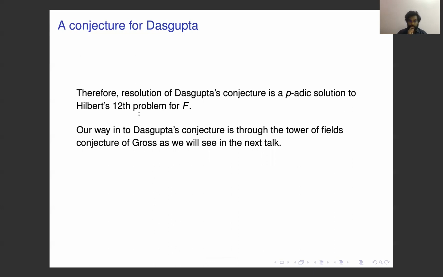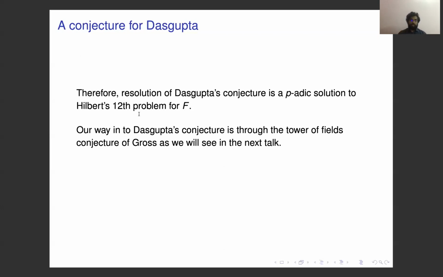So in the next talk, I'll sketch how one deduces Dasgupta's conjecture from the Tower of Fields conjecture of Gross. So I said that Gross's conjecture doesn't determine u entirely, but it determines it enough that you can put lots of cases of Gross's conjecture together, with choices of auxiliary primes, as we'll see next time, and we deduce this conjecture of Dasgupta.